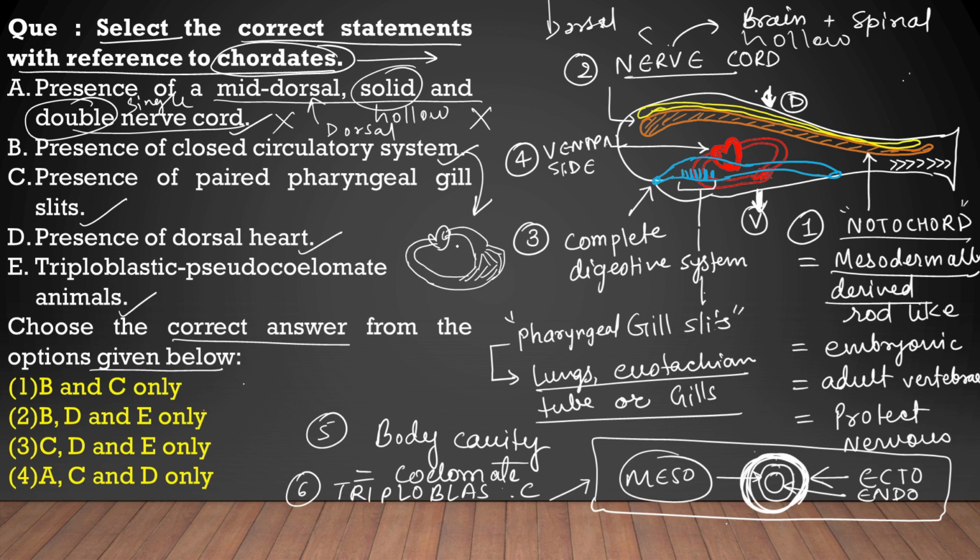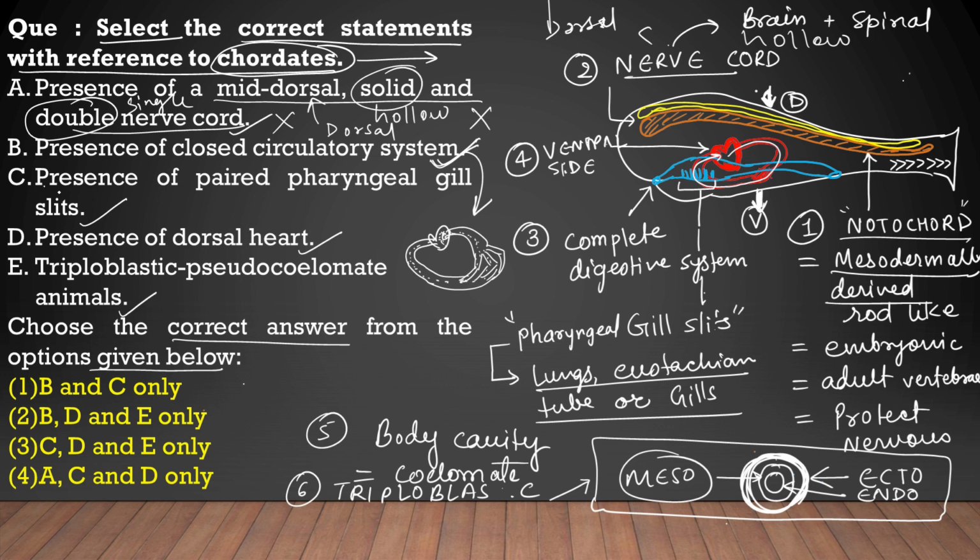The blood does not go anywhere else; it starts from the heart, goes into the vessels, and returns to the heart. So it is circulating. So yes, the presence of a closed circulatory system is correct. It is mentioned here that it has a closed circulatory system.